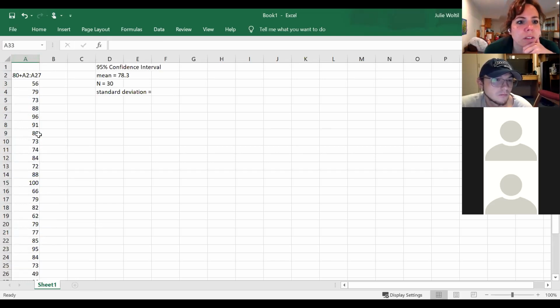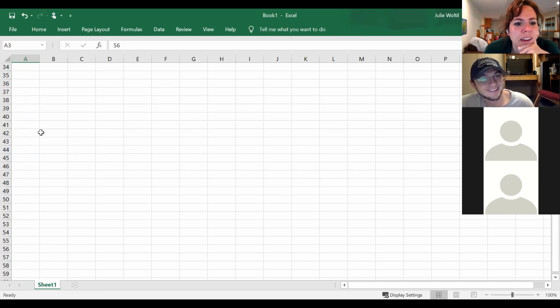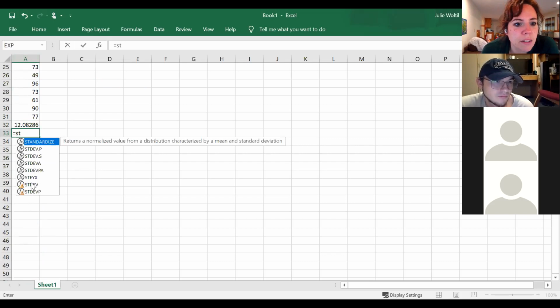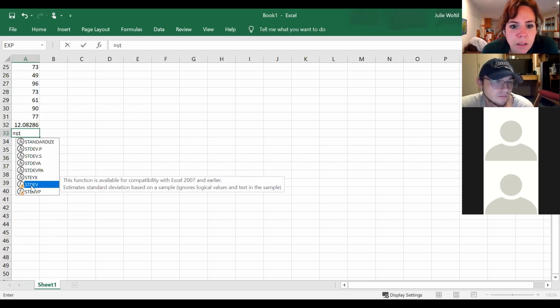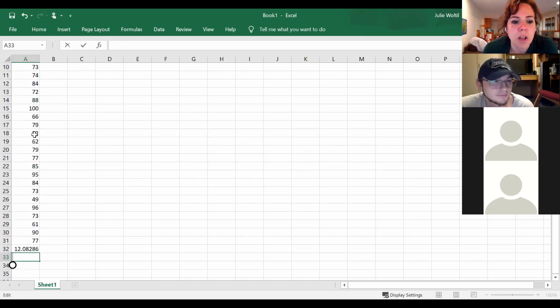This should just be 80. This is just if you have another sample, for an older version. Okay, so my standard deviation is 12.08.